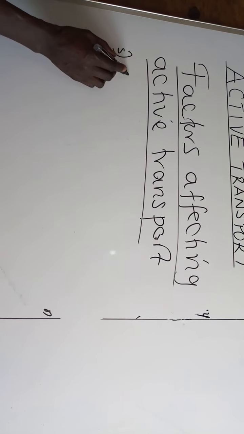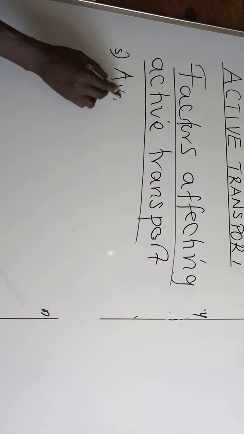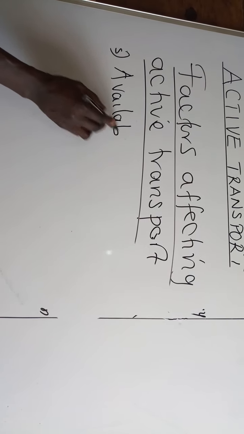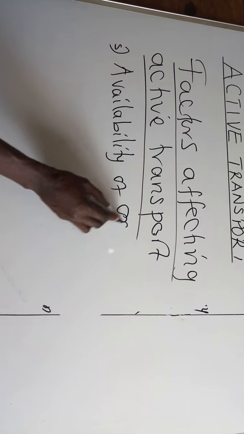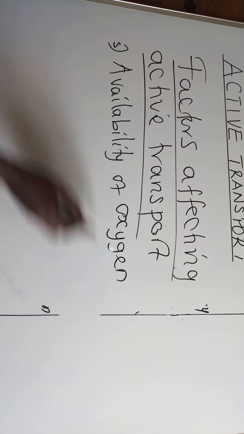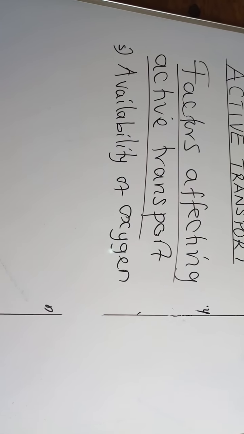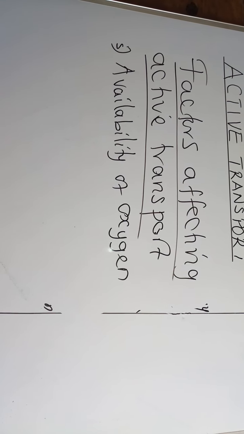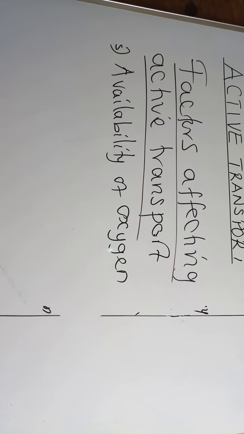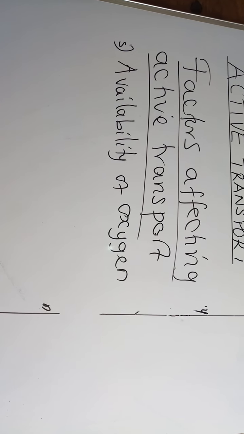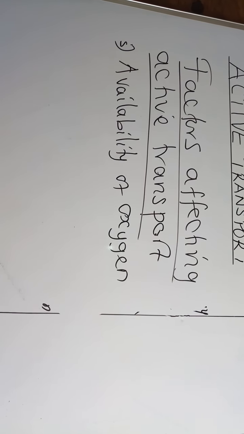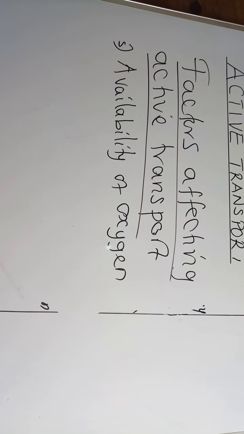One of them is availability of oxygen. If oxygen is available, it's aerobic respiration that will take place. So in the presence of oxygen, aerobic respiration takes place.